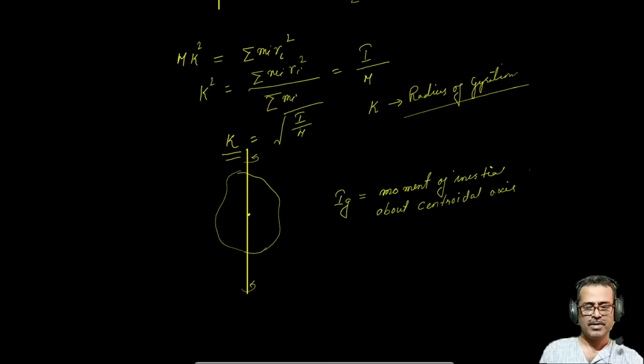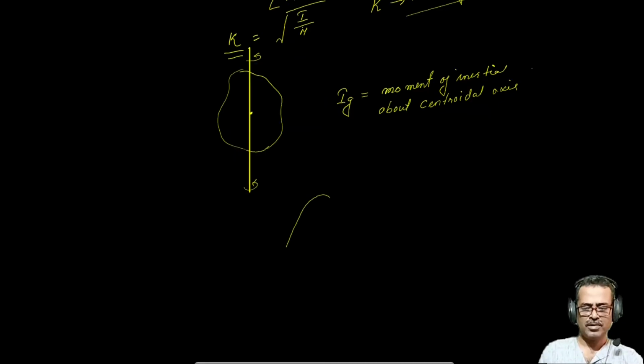Ig is constant for a given figure, because the centroid of the body is a fixed point. So all the masses about this line will be evenly distributed on both sides.